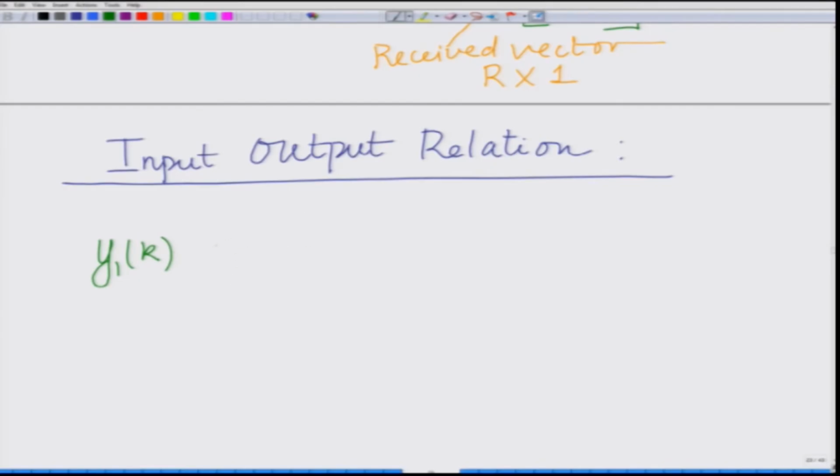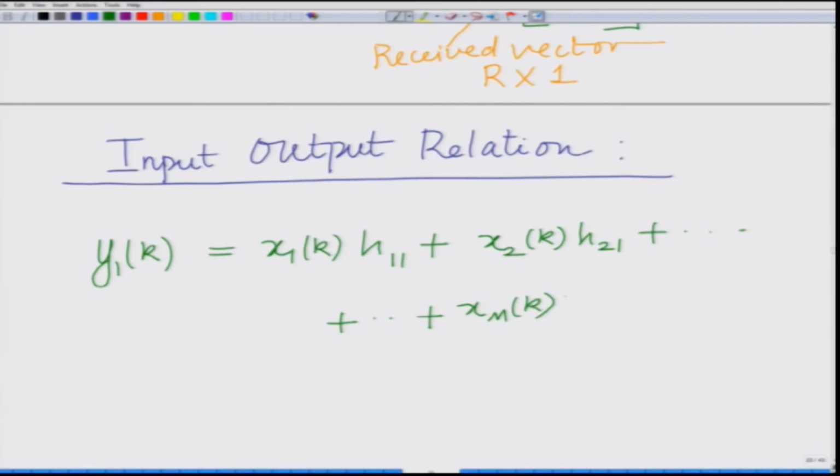This is given as x1k h11 plus x2k h21 plus so on, plus xMk hM1 plus v1k, correct.